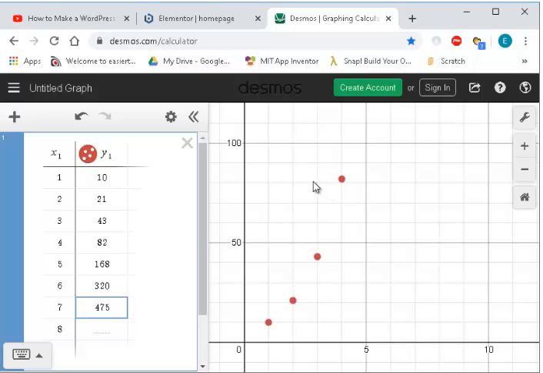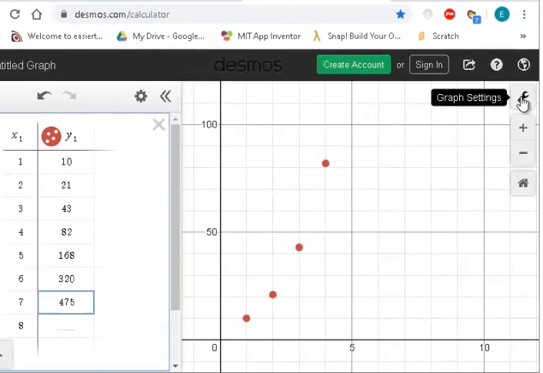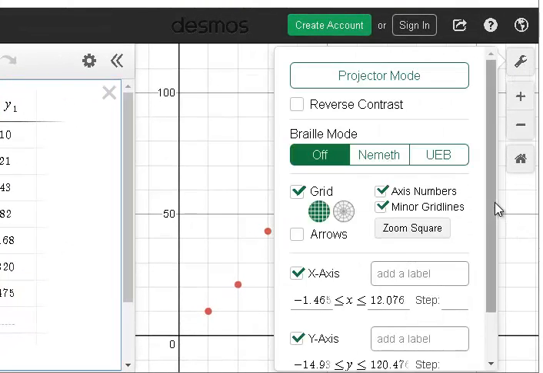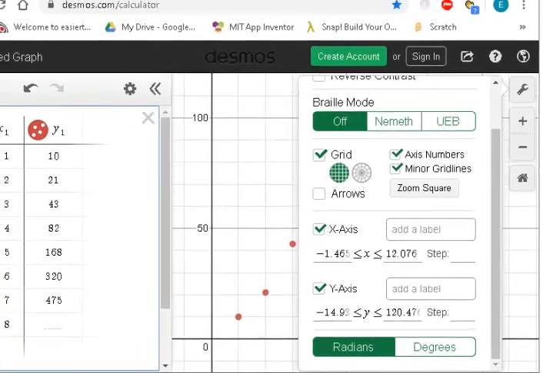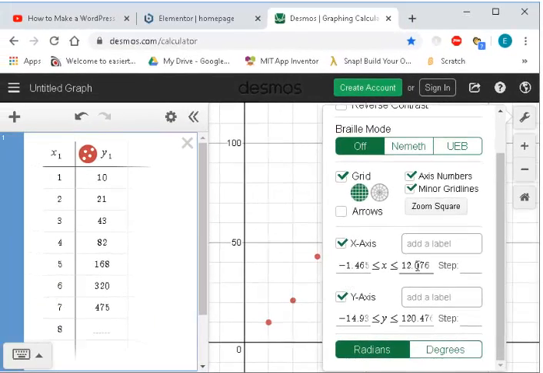But if you find out that the graph is not the way you want it, then you have to go to settings here, and you have to set the x values and the y values. For instance, here the x values are from 1 to 8. Here it's negative 1.465 to 12.076, which is a good domain, which includes all these values. If it is not, then change these numbers here. For the y, the same thing.